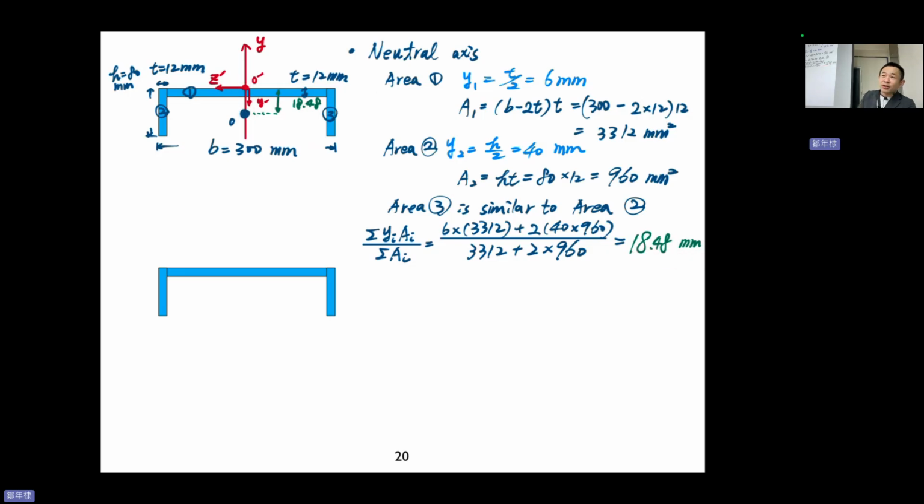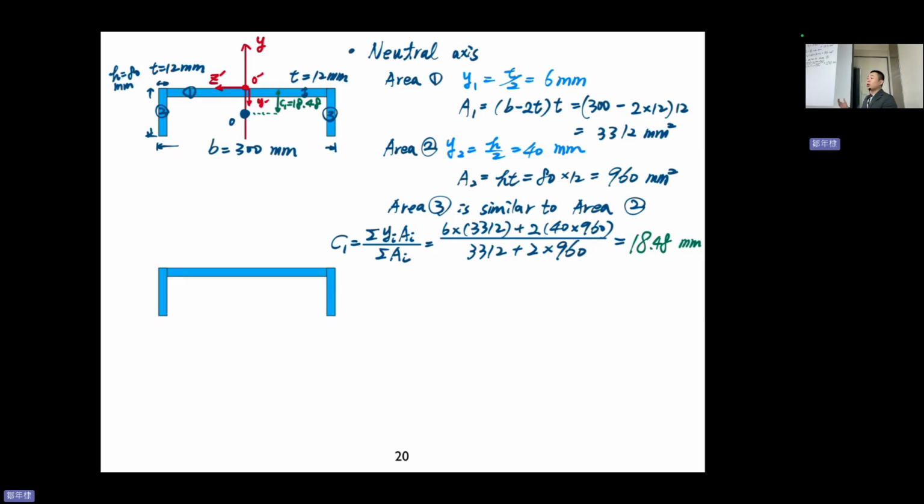So maybe you know why I set the O plane at the top. Why? Because this is C1, okay, C1.